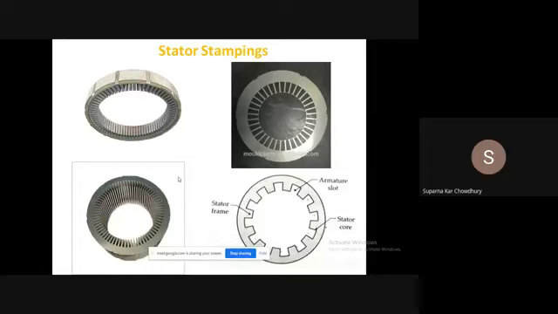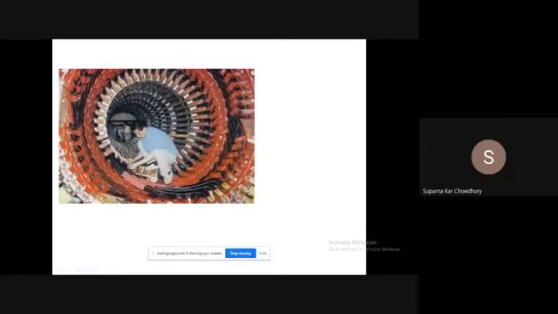And the conductor outside this portion, that is the end winding portion, can also be insulated by normal insulation available for that temperature range. So particularly for this cylindrical rotor machine, typically mica insulation is used.